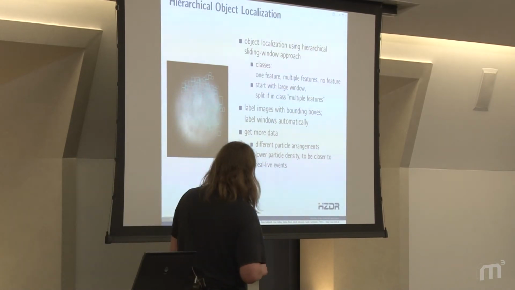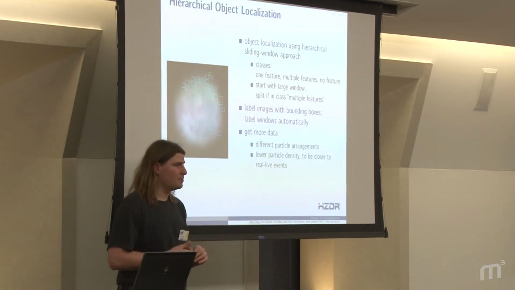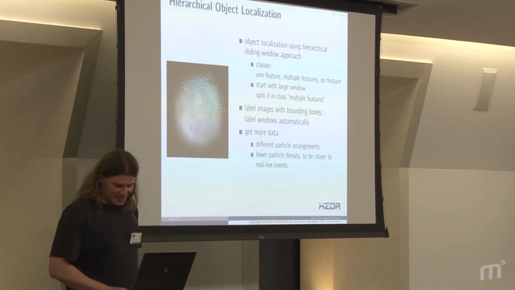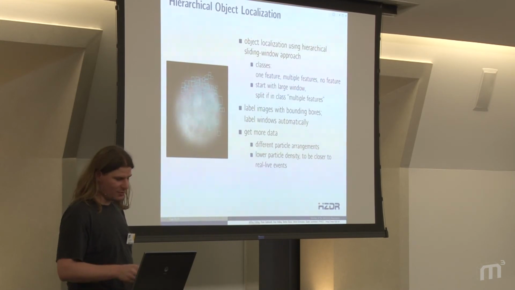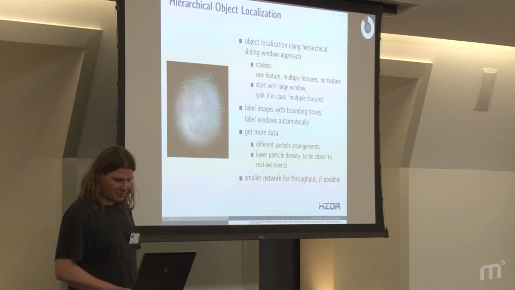And the most important thing is to get more data and also get different dust particle arrangements, because the second iteration of data we got was basically this picture. So that's a problem, but I hope that now, with the proof of concept available, this will change.